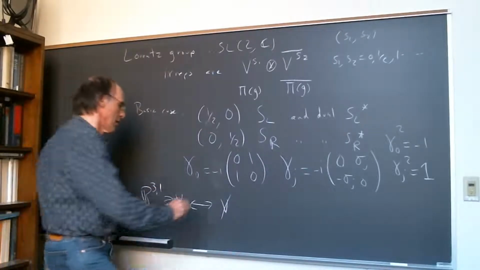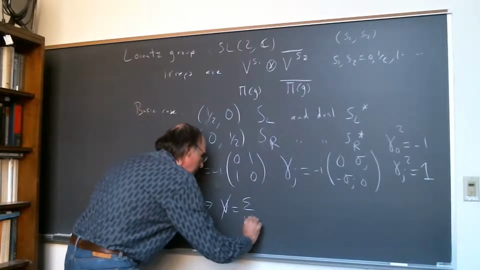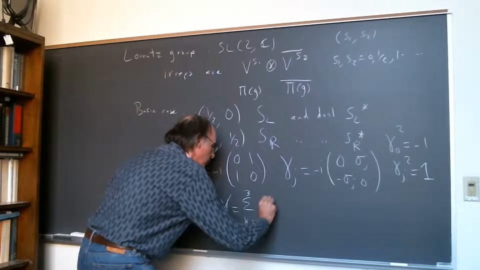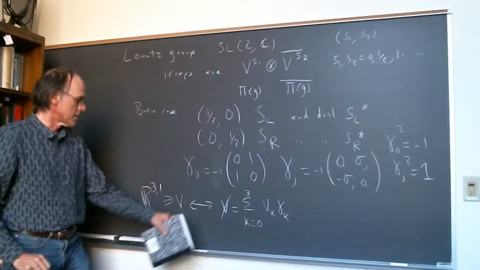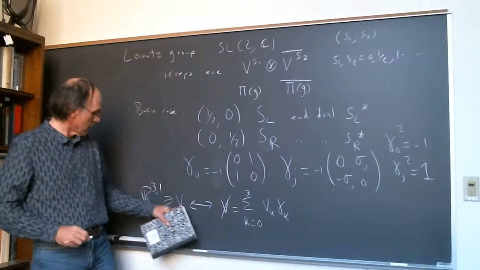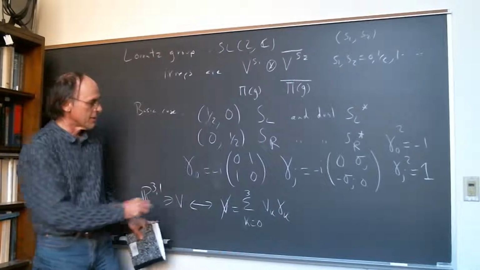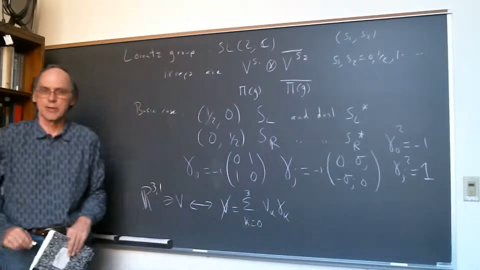You just take the sum, k equal to 0 to 3, of e_k gamma_k. You take the coefficients of your vector with respect to this basis, and use these gamma matrices as basis elements.